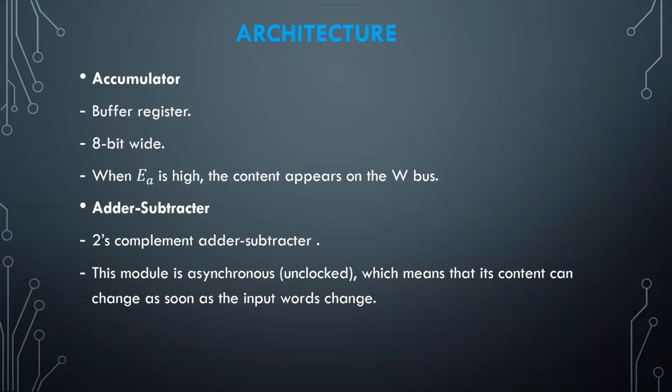It makes use of 2's complement to achieve this. When SU is low, the output of the adder subtractor is the sum of the values in the accumulator and in the B register. When SU is high, the output is the difference between them.